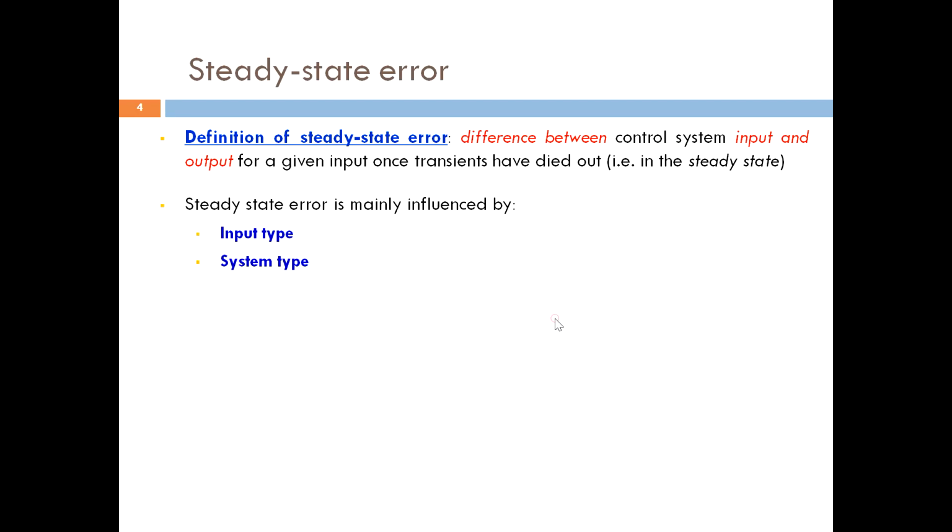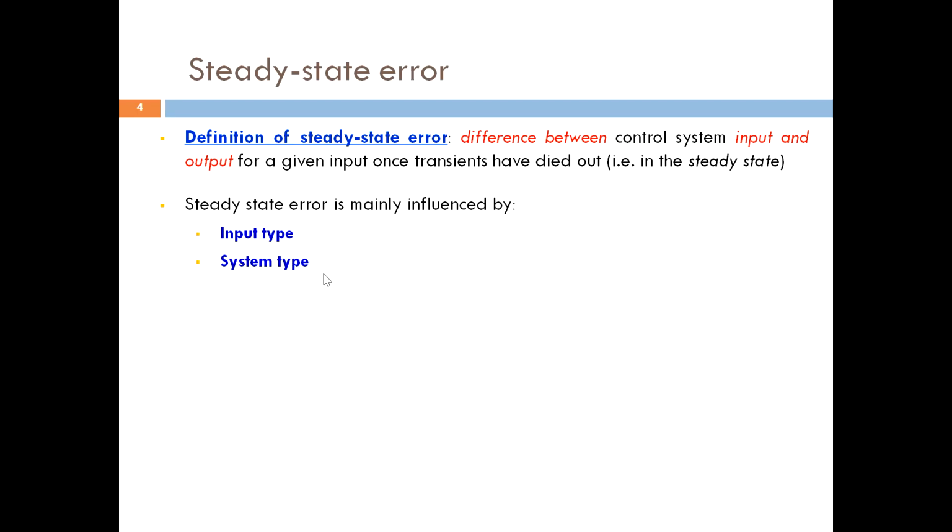Okay, so there are two main factors which influence or affect the steady state response characteristics of the system, and they are listed here for us. It is the type of input and the system type.